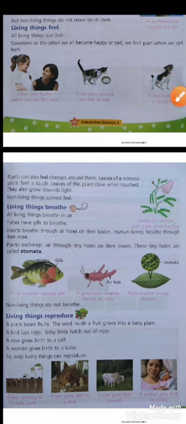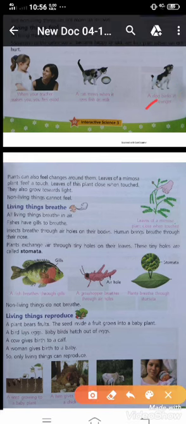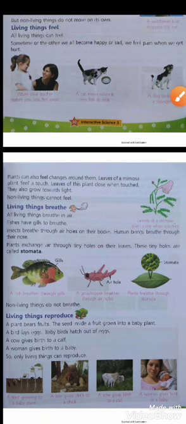A dog barks at a stranger. Sometimes if a stranger comes to your house, then your pet dog starts barking at the stranger. So in this way, not only human beings but animals also feel.